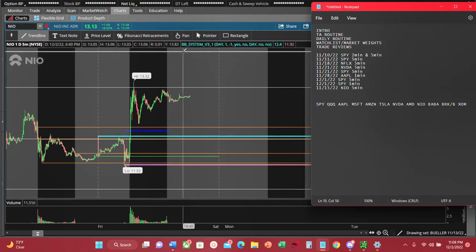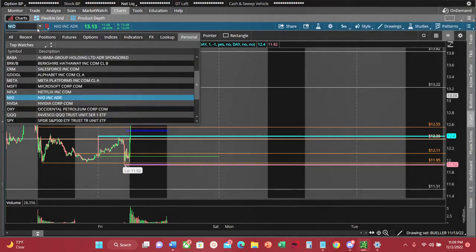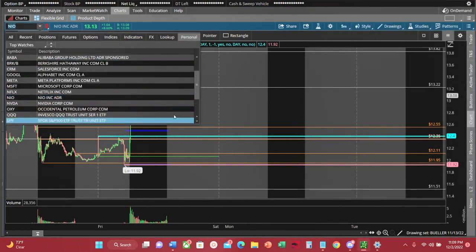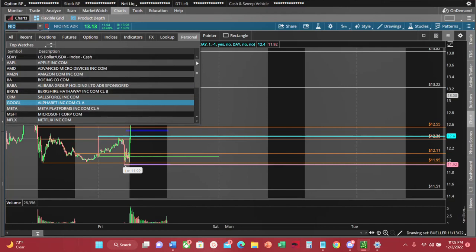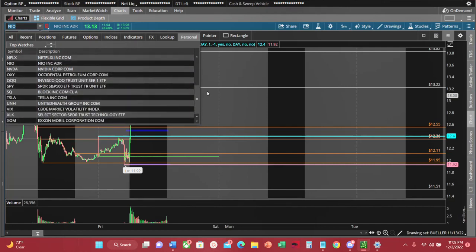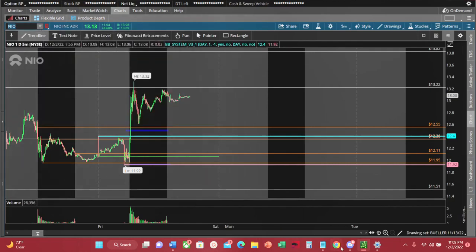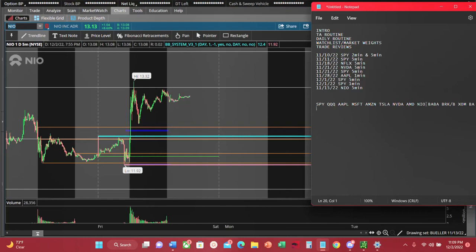And I think I'm missing a couple. Oh, Boeing. Get that industrial in there. Hey, that's a really good stock too. Google. I know I was forgetting something. Google. And I like UNH for swings, not for day trades. Yeah, Google.